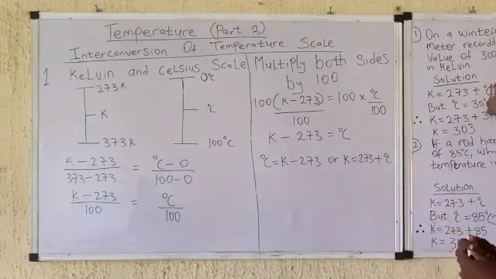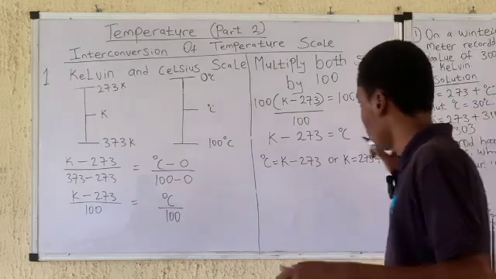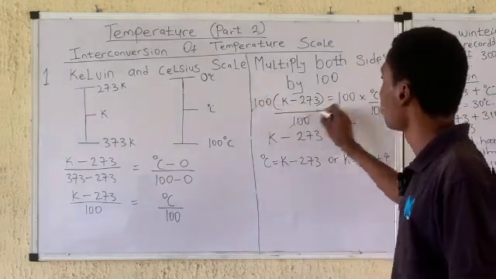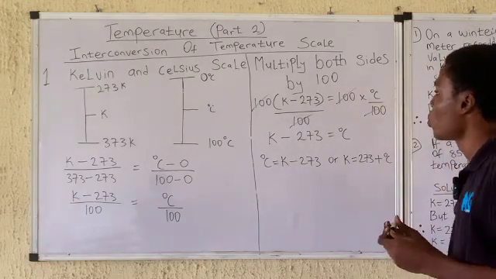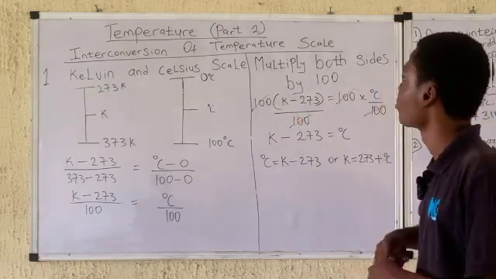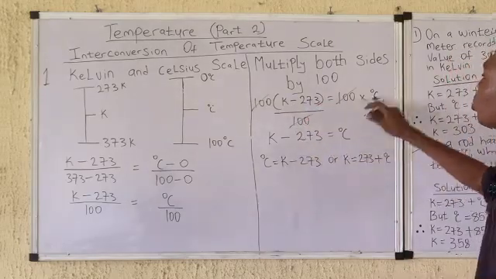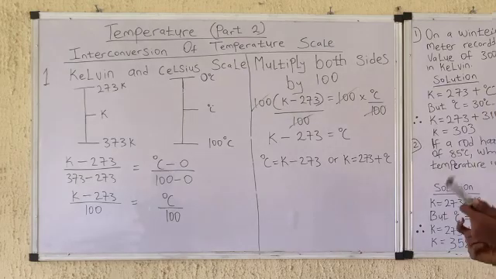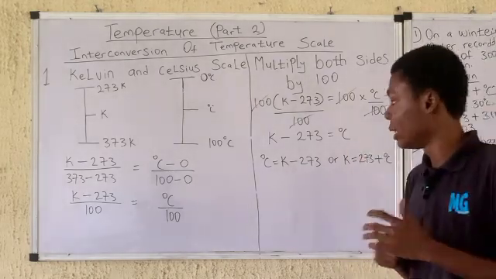Now we divide: we use 100 to cancel 100, and 100 to cancel 100. So we are left with Kelvin minus 273 equal to degrees Celsius. Now we have the formula relating Kelvin and degrees Celsius.